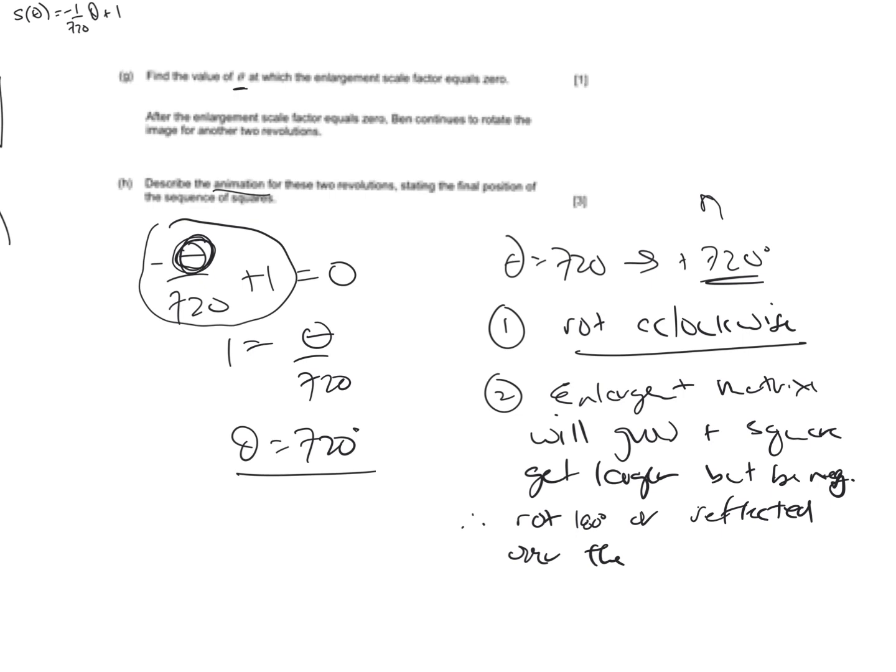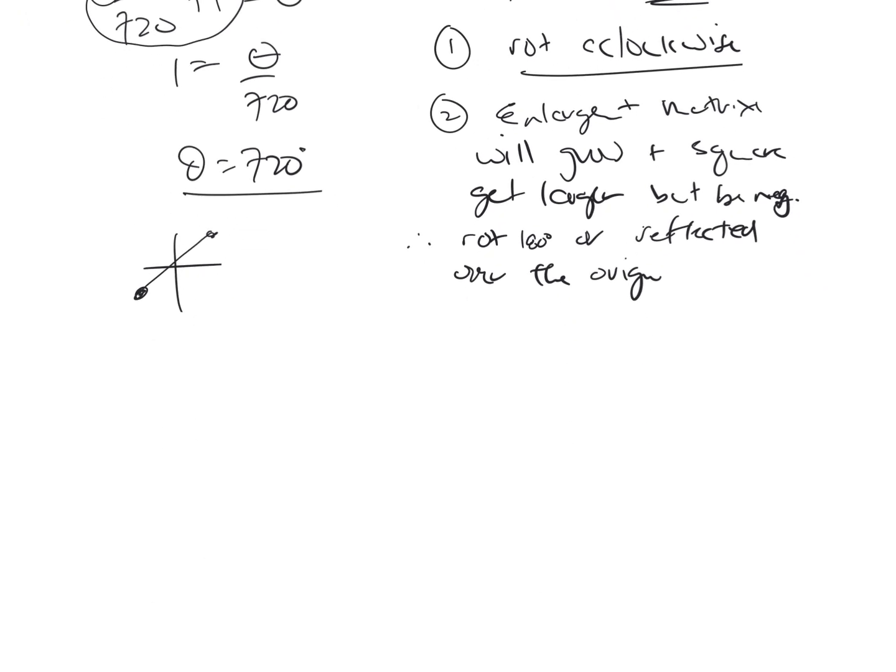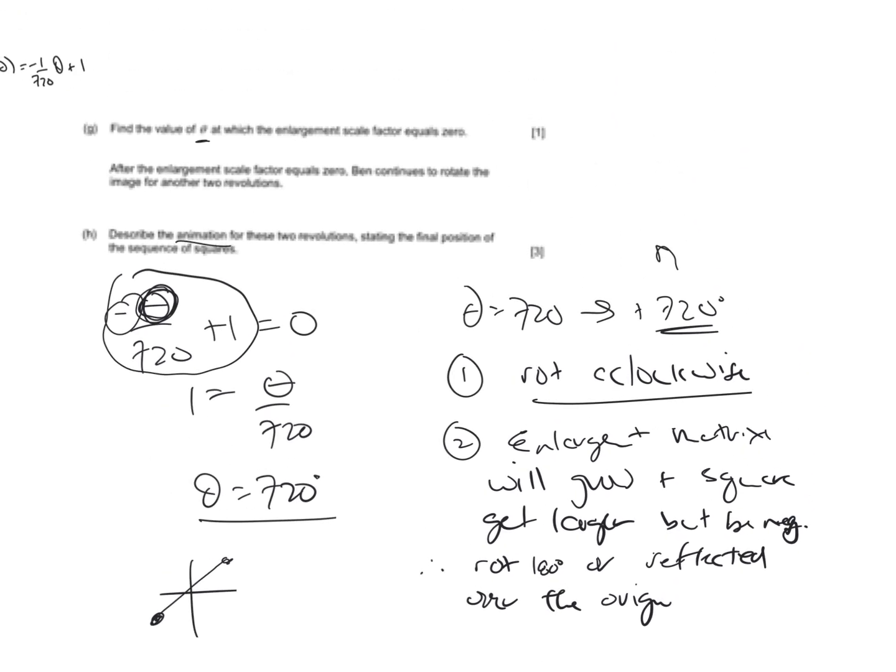Those are the same thing. Over the origin means the same thing. So because it's enlarging a negative value, if it was over here, it's going to actually end up over on this side. And so I know the final thing it wants to say, stating the final position.